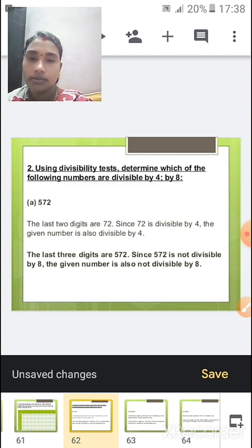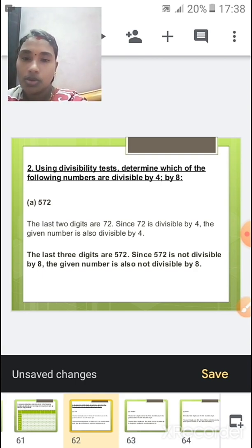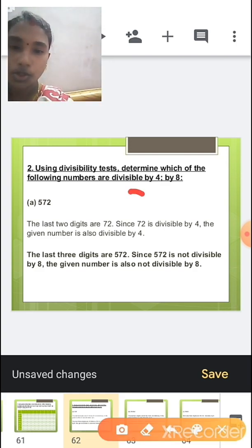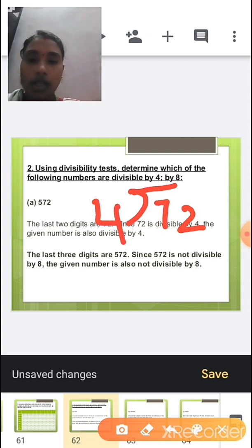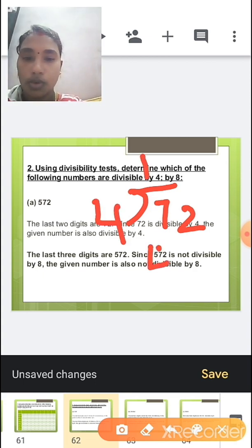So let us start with sum A. 572. So let us take 72 because the last two digits we have to check for 4 divisibility. So 72 when you are dividing by 4, is it divisible by 4? Yes. 4 ones are 4.